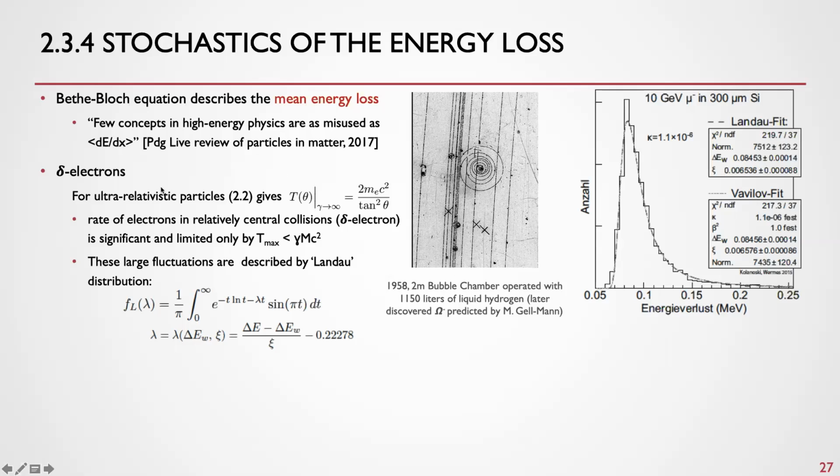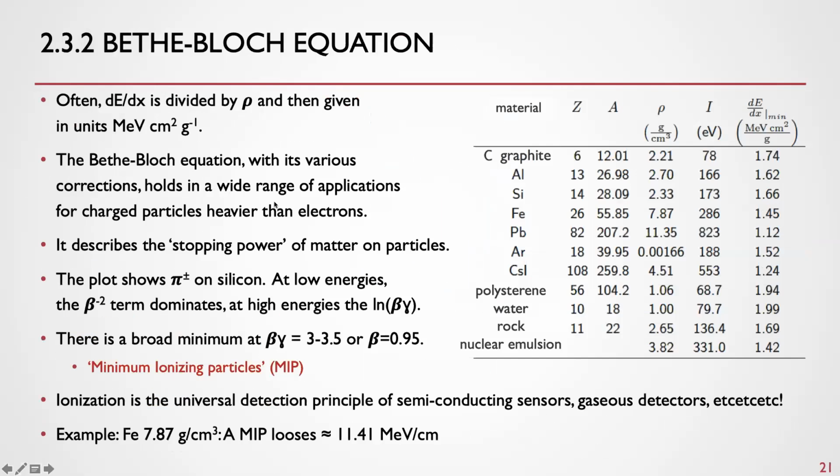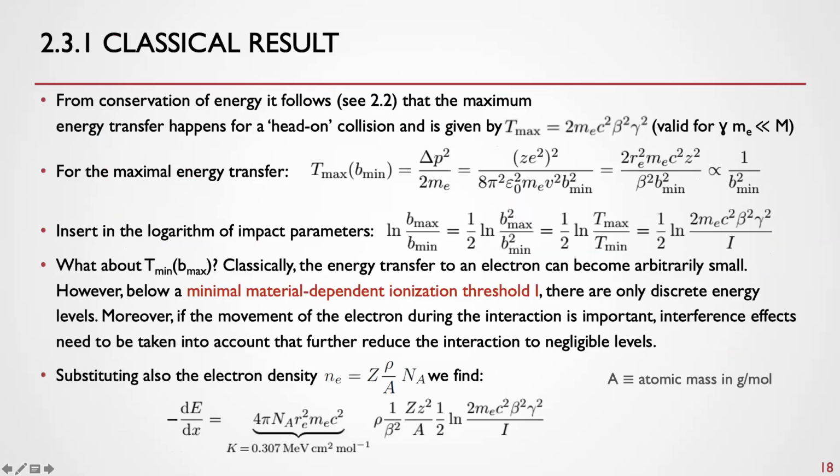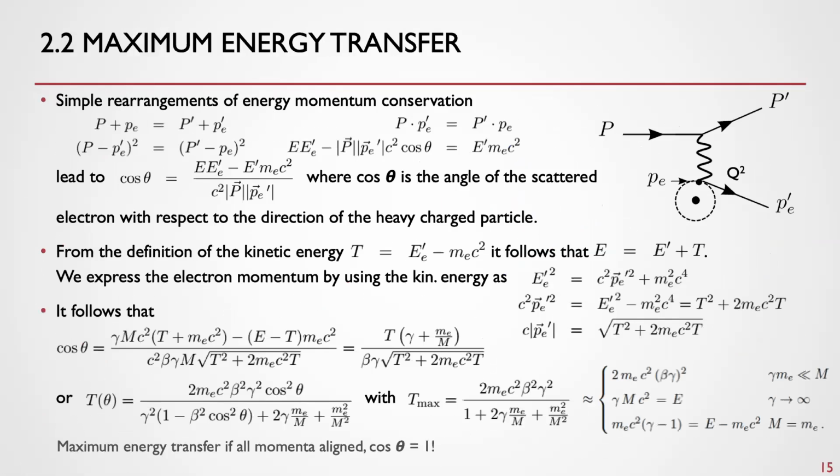What's happening here is that we have ultra-relativistic particles. If we go back to our formula of the maximum energy transfer, and now that's exactly why we've calculated it. So the maximum energy transfer has the general formula here. If you take gamma to infinity, you have to take beta to 1.